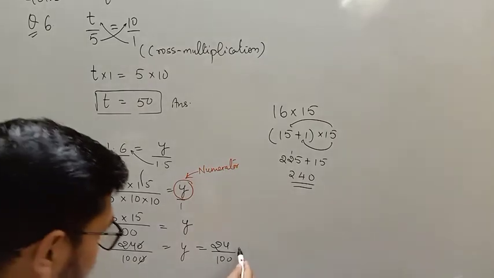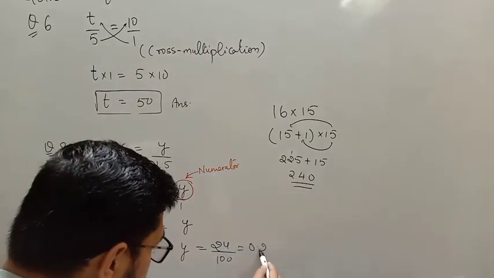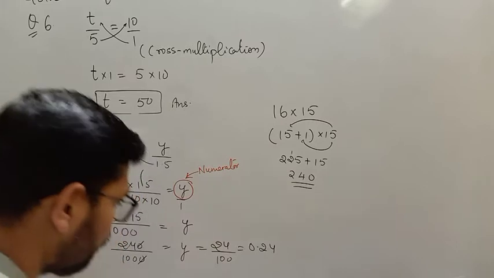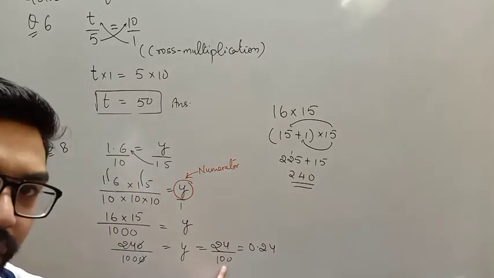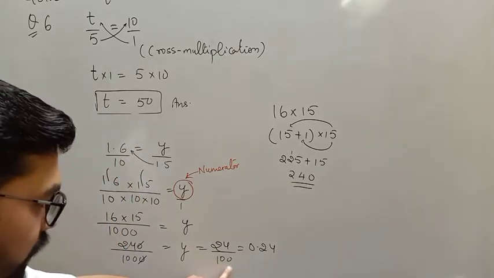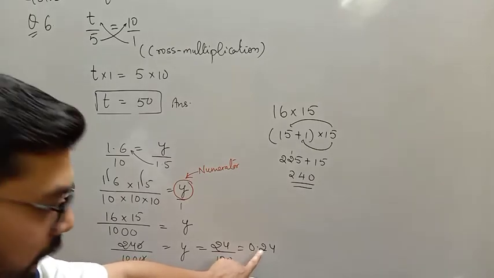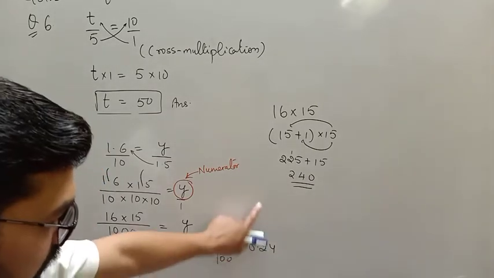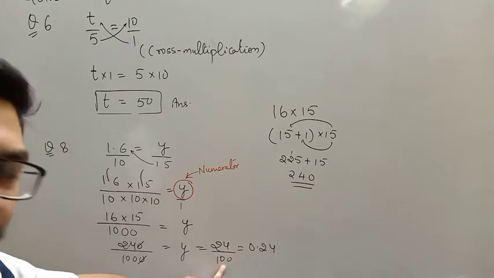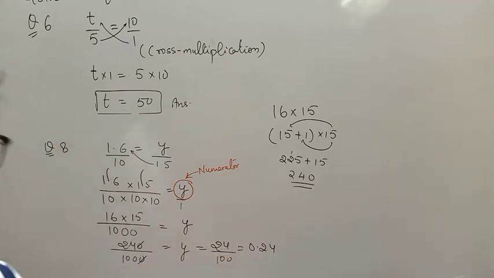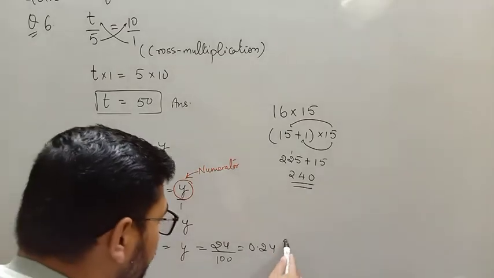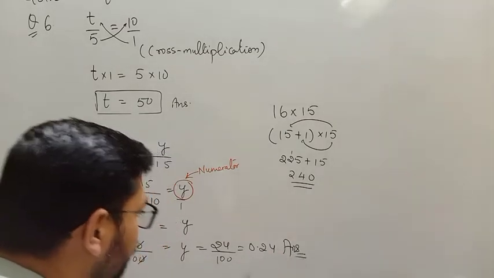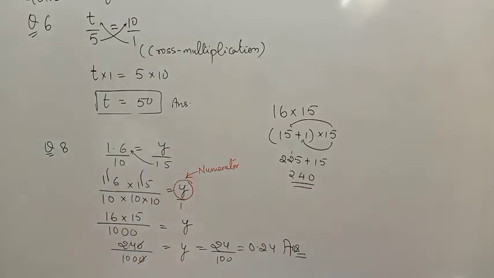Now can I write it like this? 0.24. Because in the denominator, how many zeros are there? 2 zeros. So I put a decimal and write 2 digits after decimal. So 24 by 100 can be written as 0.24, and this is your answer. Please note it down fast.